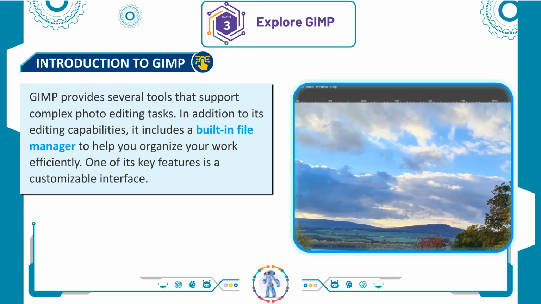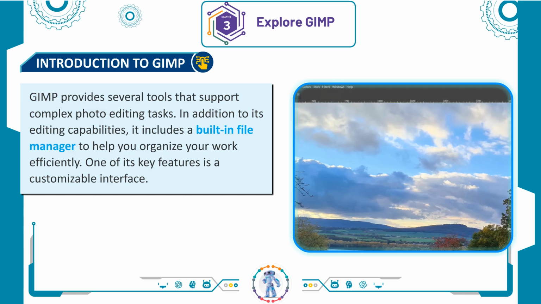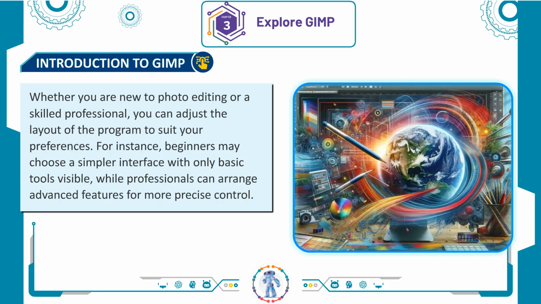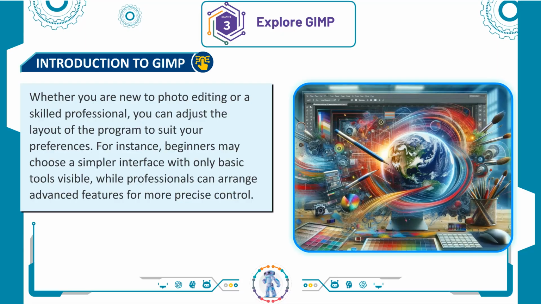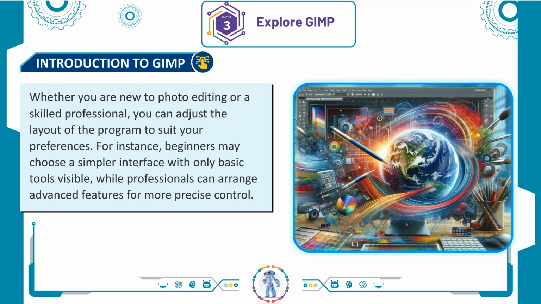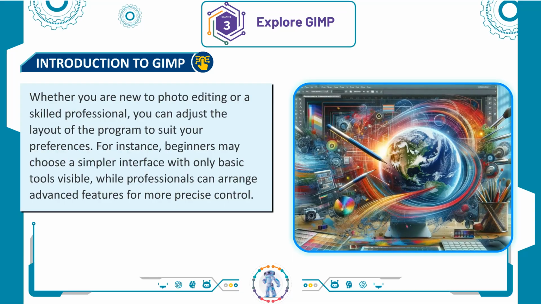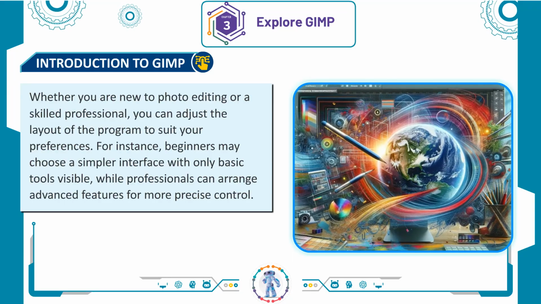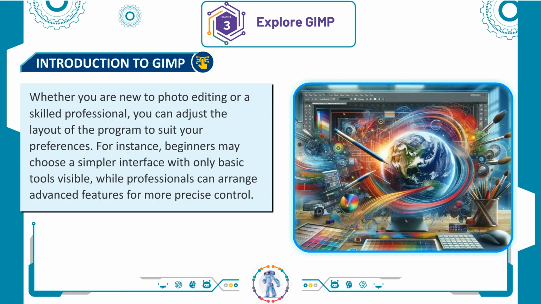One of its key features is a customizable interface. Whether you are new to photo editing or a skilled professional, you can adjust the layout of the program to suit your preferences. For instance, beginners may choose a simpler interface with only basic tools visible, while professionals can arrange advanced features for more precise control.